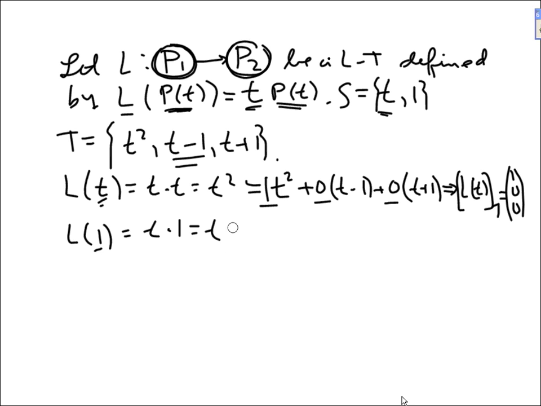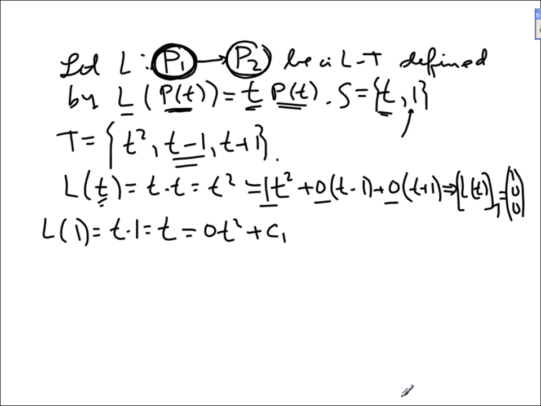Let me move this over a little bit. Now I find L of the second vector in the basis for P1. L of 1 is t times 1, which is t. Now, I know for sure that it's no t squares, but how many t minus 1s plus how many t plus 1s?